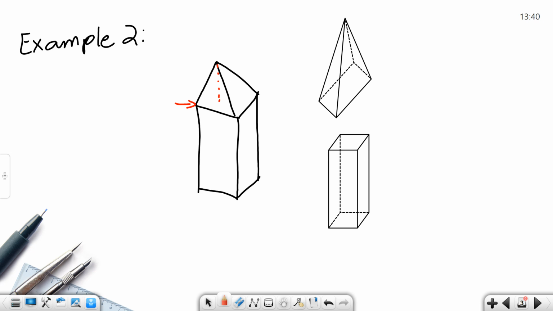Back to example 2. The height of our pyramid is going to be 1.2 kilometers. This is going to be 3 kilometers. It's going to be 1 kilometer and 1.6. For a pyramid, we know that the volume is going to be 1/3 of the length times the width times the height.